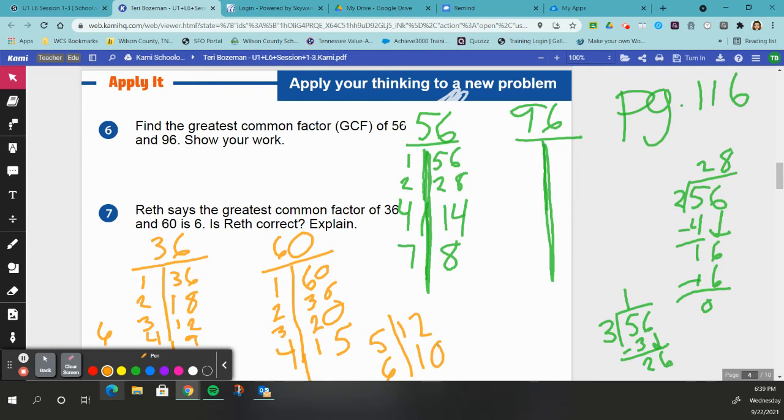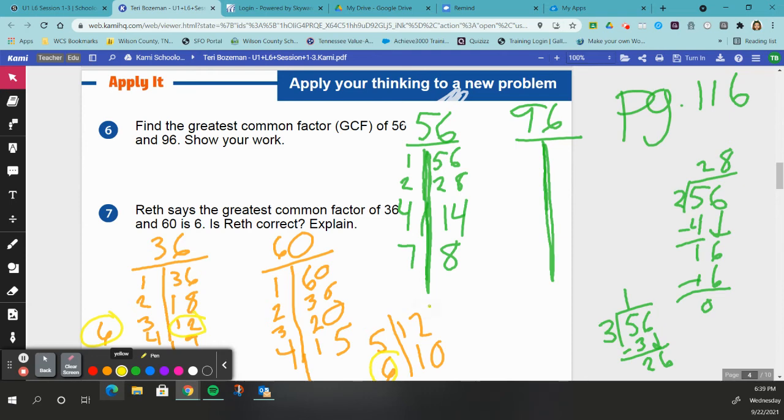So we want the greatest common factor. So let's look at the common factors here. We see 1, but that's not going to be the greatest, obviously. Reth says that it's 6. So this one has 6. This one has 6 as well. But do they share a larger one? So I would look in my larger sides over here. 36, 18, 12.